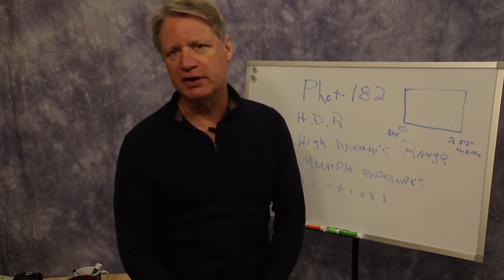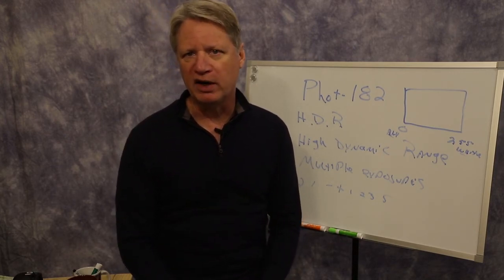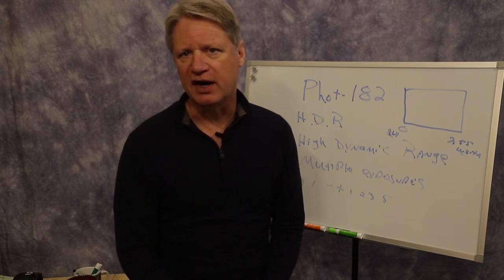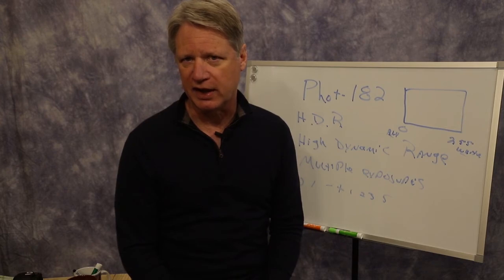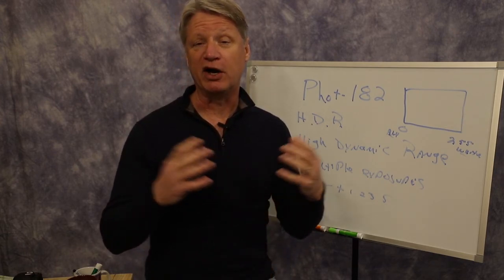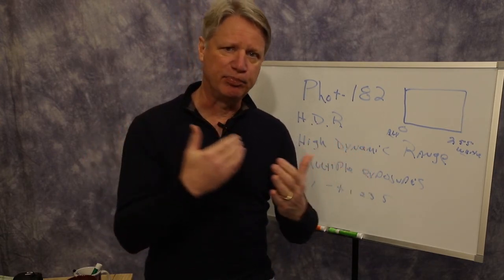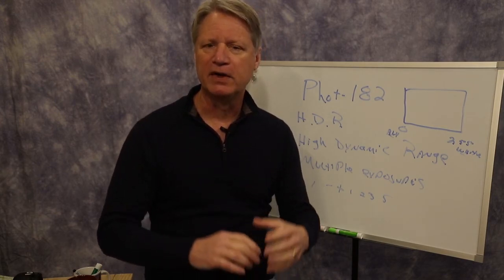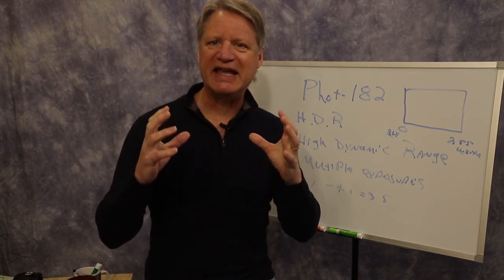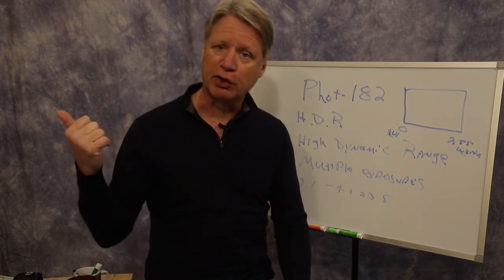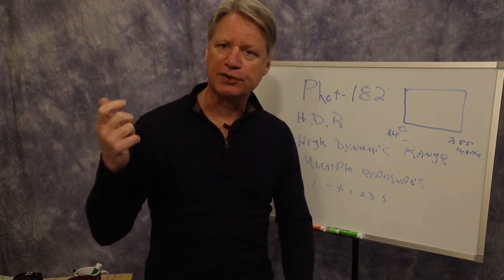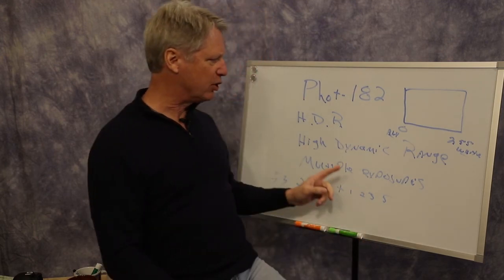It truly is a remarkable revolution in photography that we are allowed to do that so easily now by simply varying our exposure and putting it together in software. The software essentially keeps all of the good pixels, if you will, and throws the bad ones out so that you can cover that dynamic range.